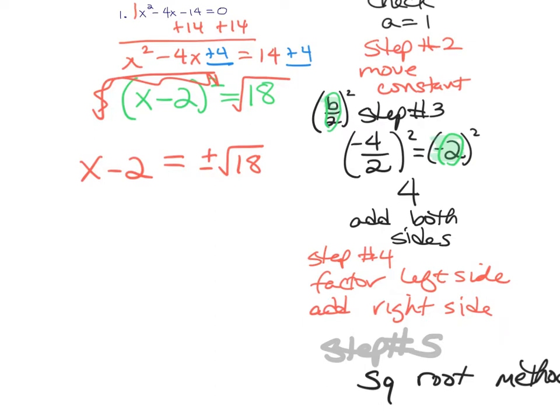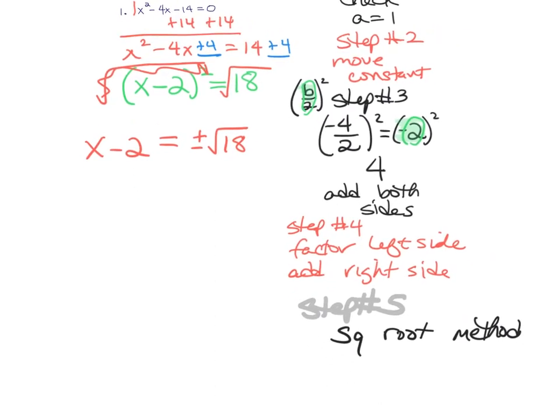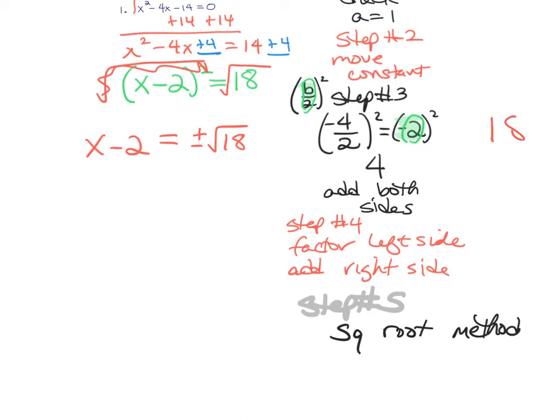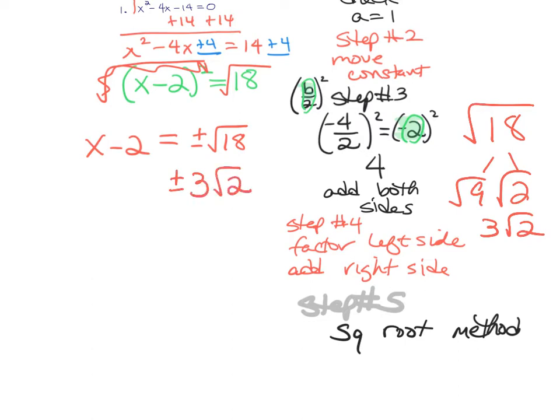I need to break that square root of 18 down. If I work it out over here, I could make this 9 times 2. You could do 6 times 3, but you've got to keep going. So the square root of 18 will simplify into 3 square root of 2. I still have the x minus 2 over here.